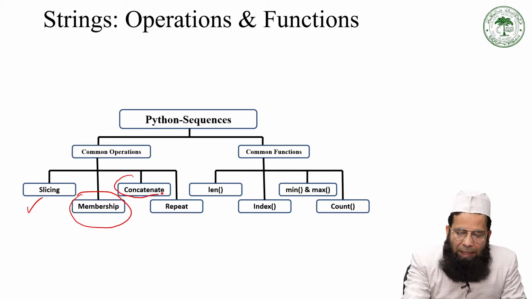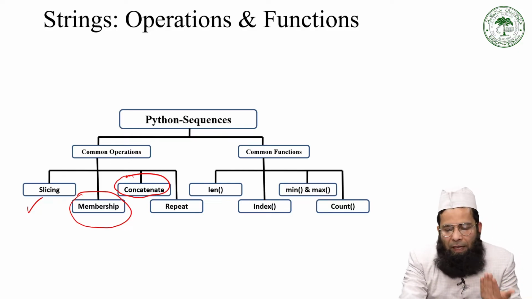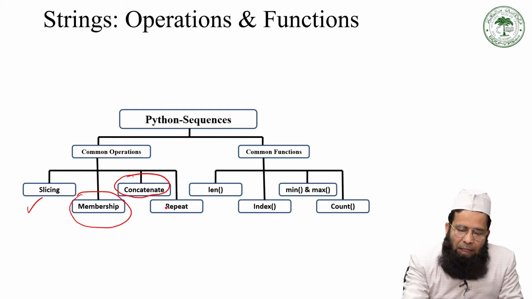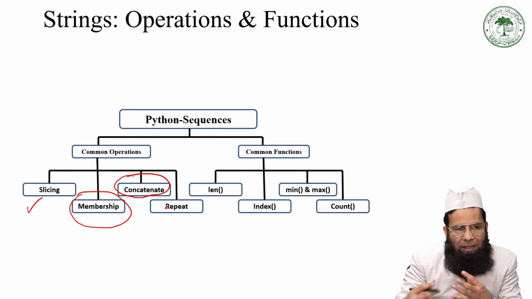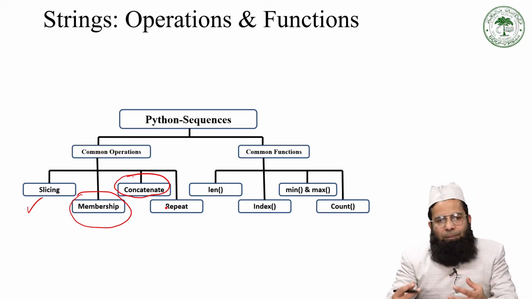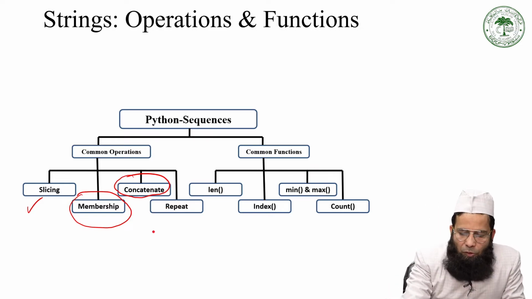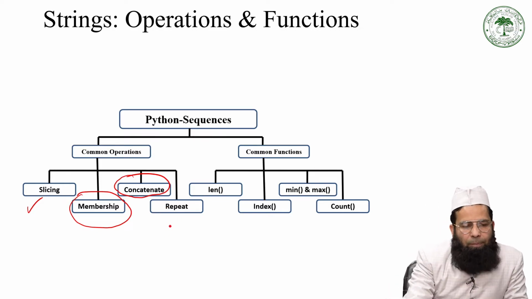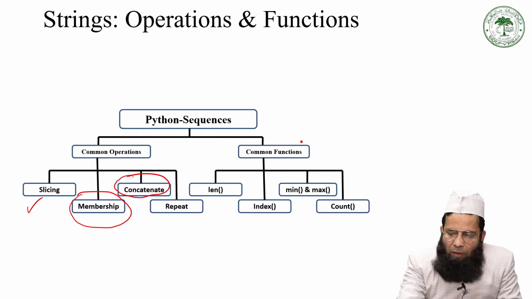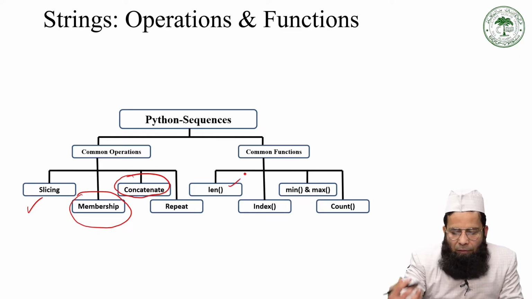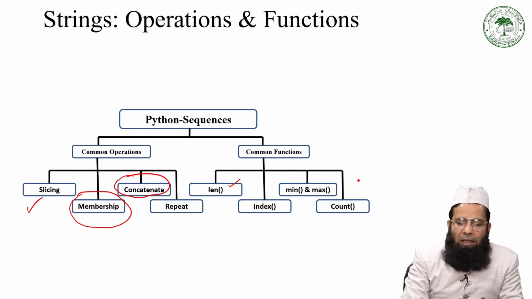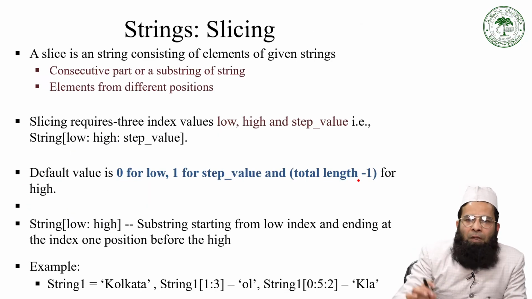Similarly, if you want to concatenate two or more variables, or repeat one string again and again, using the special operator we can perform this activity. Similarly, there are certain common functions: length to find out the length, index, min, max, and count. I will discuss all these operations and functions.